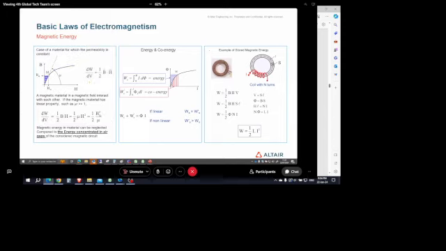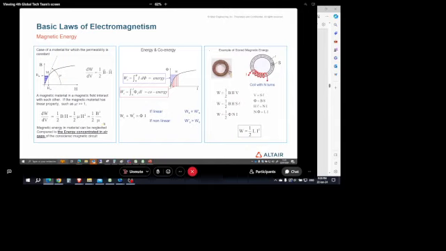Okay, so the magnetic energy, if we develop the equation, we are going to see that it's depending on the flux density and the relative permeability, the permeability. And here we can easily understand why we use air gap in rotating machine, because here mu is mu air multiplied by mu zero.